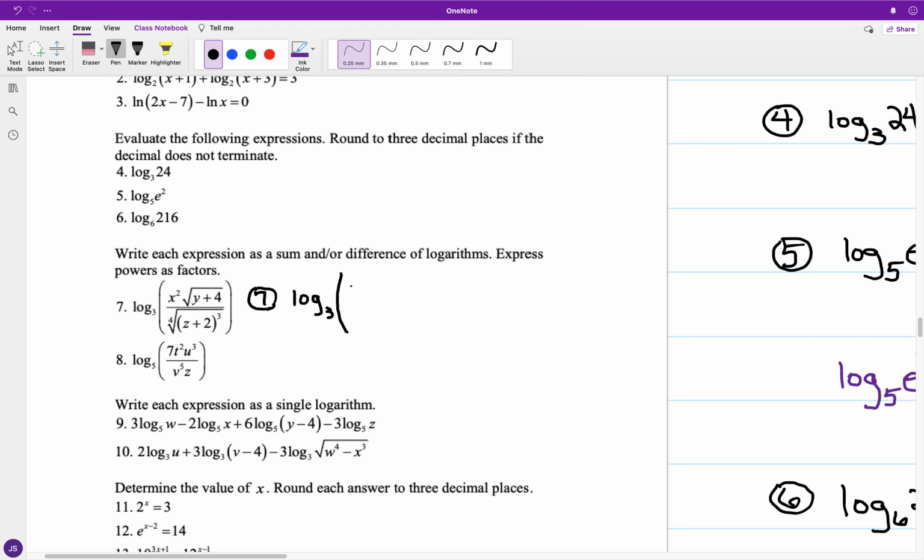So I have x squared, and for the square root of y plus 4, we have y plus 4 to the 1/2, and for the 4th root of the cube of z plus 2, I have the quantity z plus 2 to the 3/4.